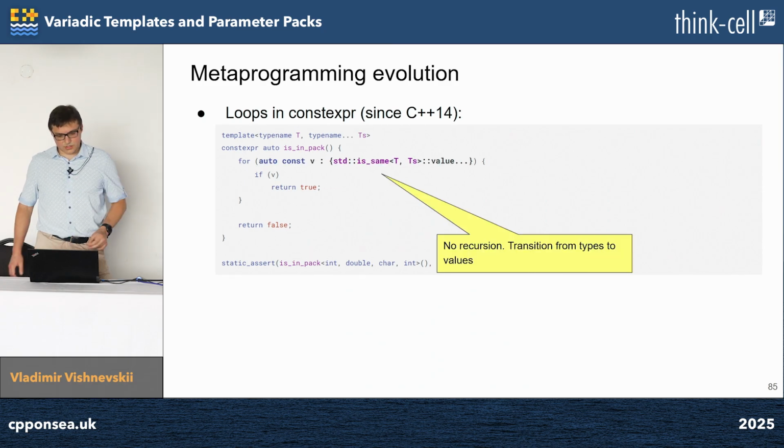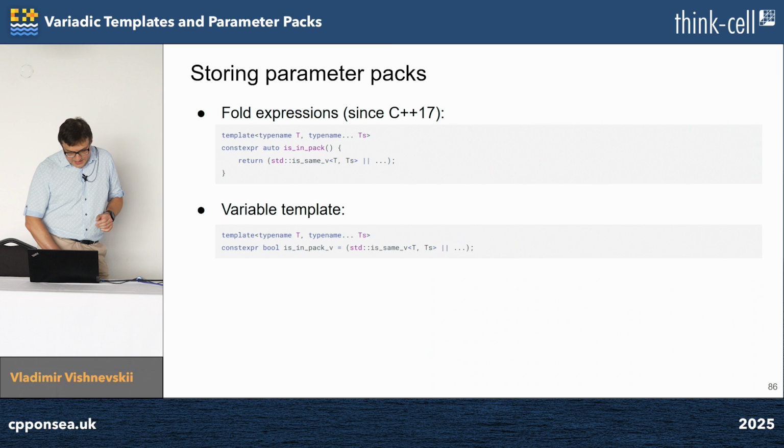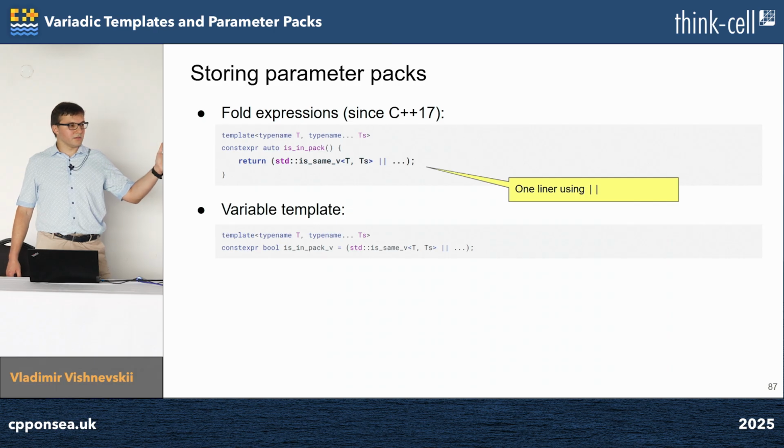Here, just a normal loop performs the search for the item that evaluated to true. In C++17, this can be done almost as a one-liner. We just apply, using a fold expression, the is_same trait to every item within the parameter pack using the OR operation.